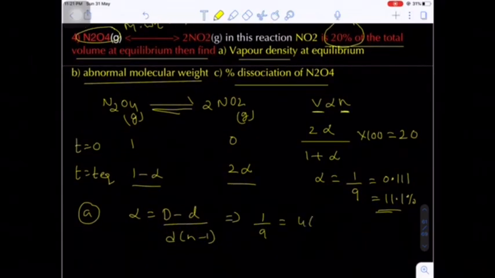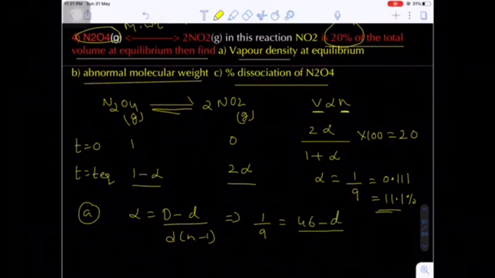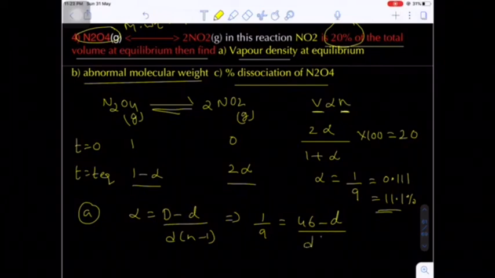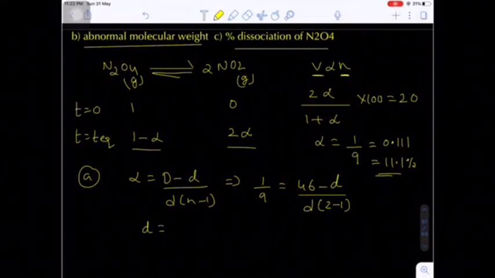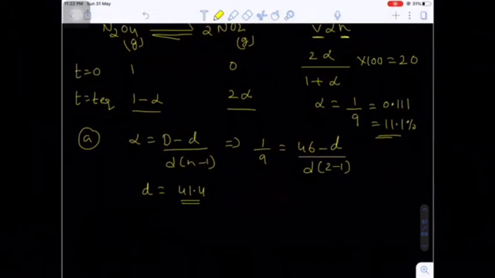Half of the molecular weight is vapor density, so directly I am using 46 minus small d, the equilibrium vapor density to be calculated, divided by small d into n minus 1. What is the n value? 2. 2 minus 1, 1. From this expression, if we solve, we will get the vapor density at equilibrium equal to 41.4. This is the first bit.